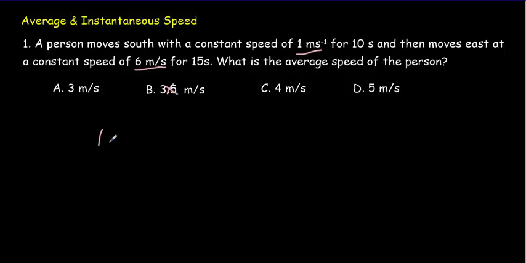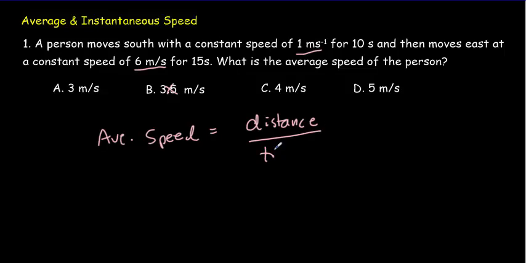The average speed, by definition, is going to be the total distance divided by the total time. And the total time is going to be 15 seconds plus another 10 seconds. So this was moving for a total of 25 seconds.